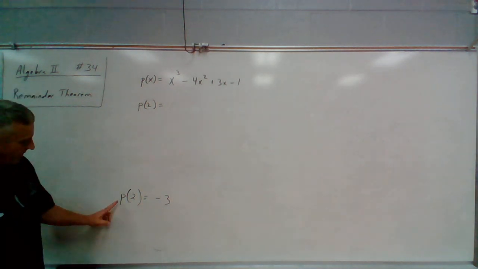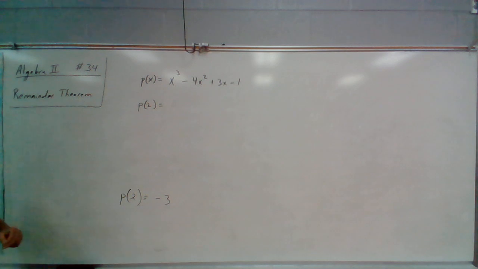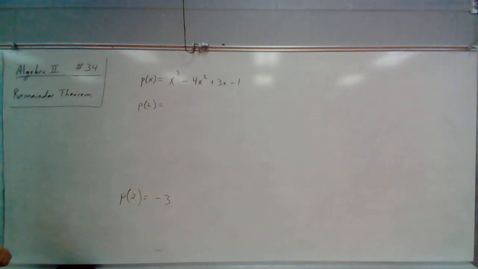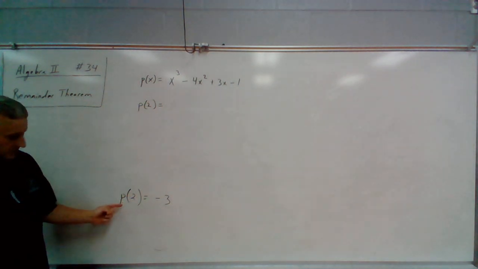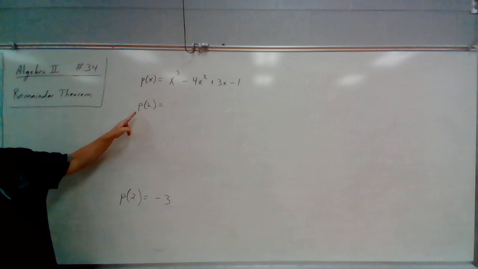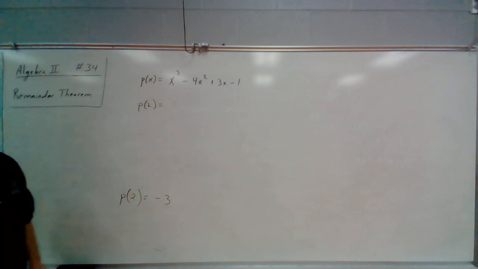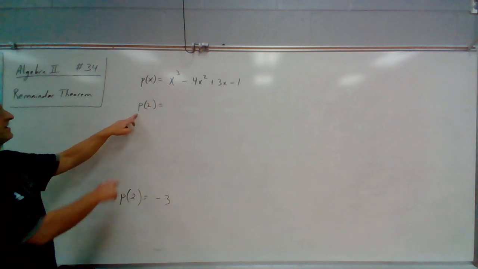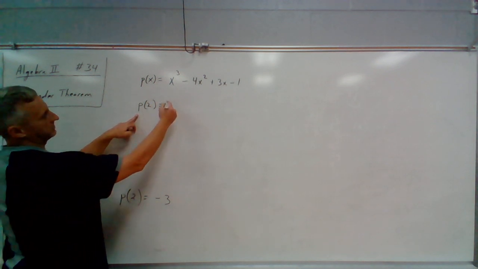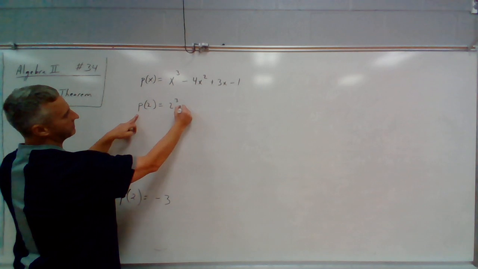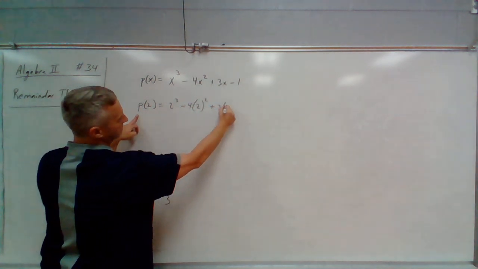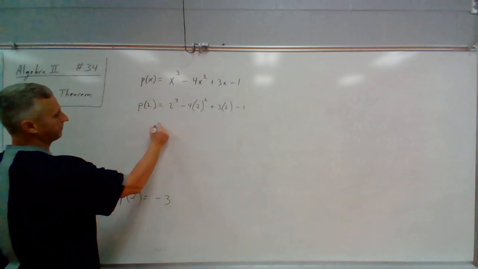Alright, so we have P of 2 is equal to negative 3, and remember the negative 3 was the remainder that we got when we divided this polynomial by x minus 2. So I'm claiming that P of 2 is equal to negative 3. So let's actually plug the 2 in for the x in the original polynomial and see if we actually get that. So P of 2, if I plug 2 in here, it's 2 to the third minus 4 times 2 squared plus 3 times 2 minus 1.